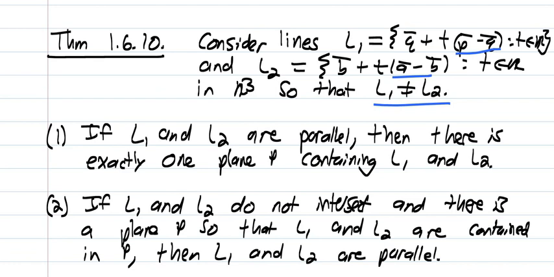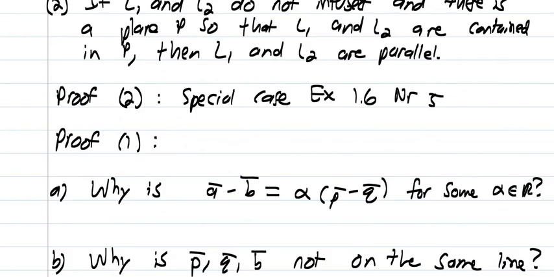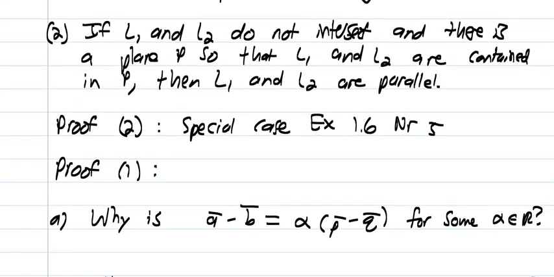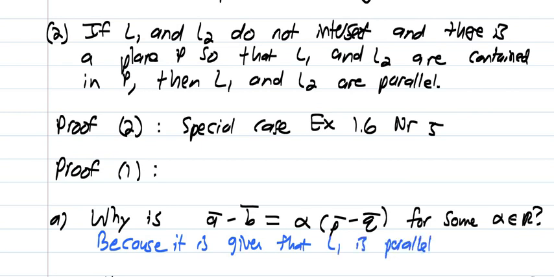If you've forgotten, pause this video, go to your textbook, and have a look at what it means for lines to be parallel. Because the lines are parallel, we can say that A minus B is equal to alpha times (P minus Q). So your reason is simply because it is given that line 1 is parallel to line L2. All right, that was short and sweet.